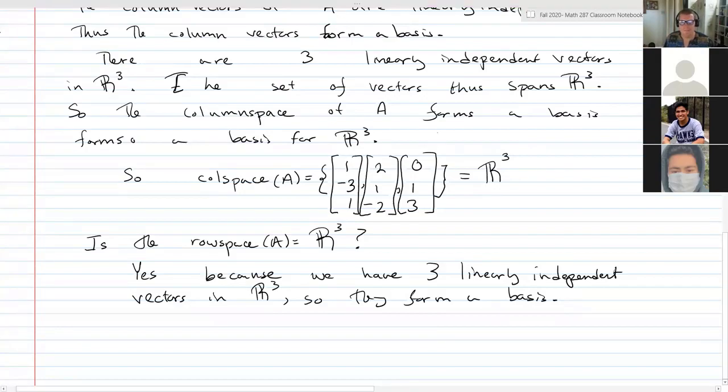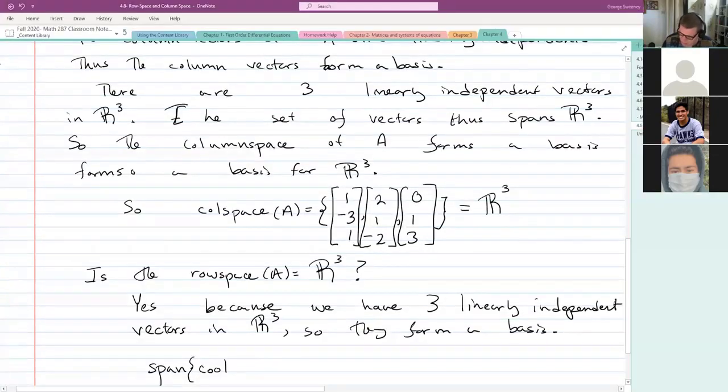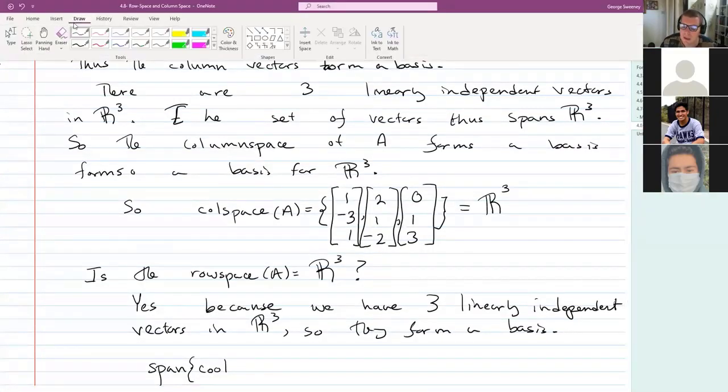On the other hand, if we wanted to, we could write it like this, the span, but people don't. That's probably why I didn't, because people just don't write things like this.